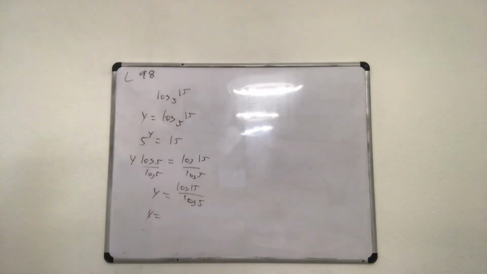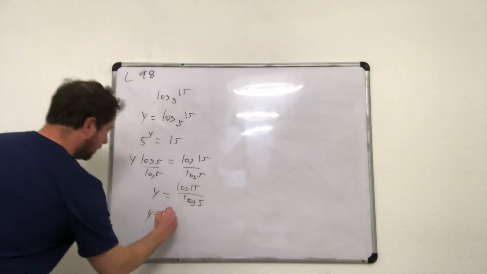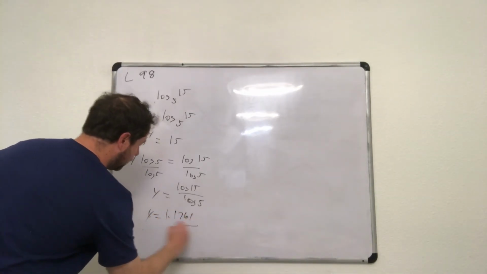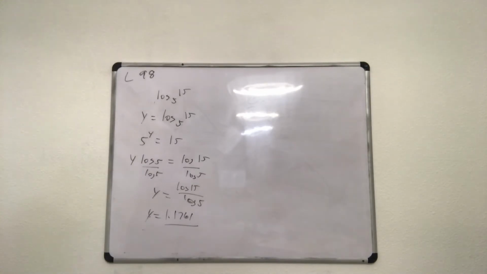When you put log 15 and log 5 in your calculator, you get 1.1761 divided by 0.69897.